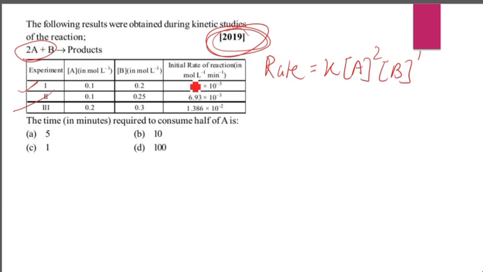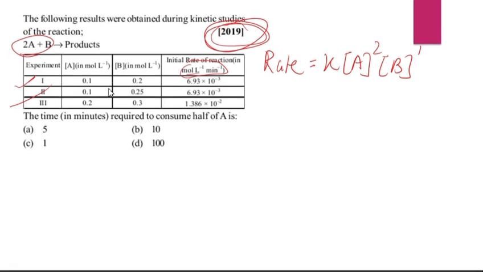Now see, if you go by this initial rate of reaction, it is in mole per liter per minute. Now it will seem that the rate law is this, but keep in mind that order is experimental data, not theoretical. So if you use this, you will make a blunder.